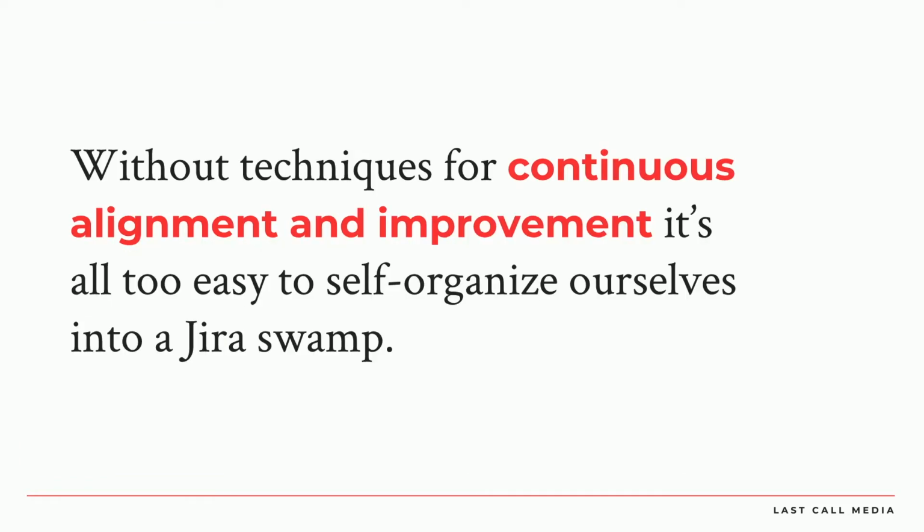So without techniques for continuous alignment and improvement, it's all too easy to self-organize ourselves into what is known as a Jira swamp. Has anybody heard of the term Jira swamp?